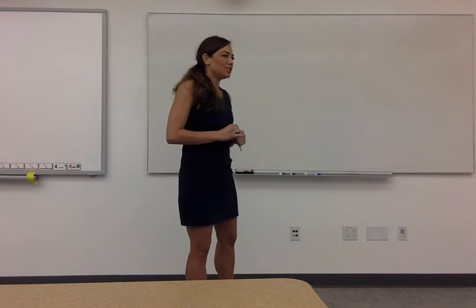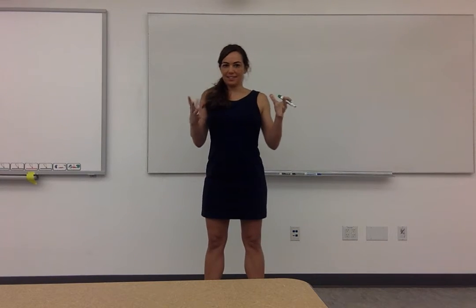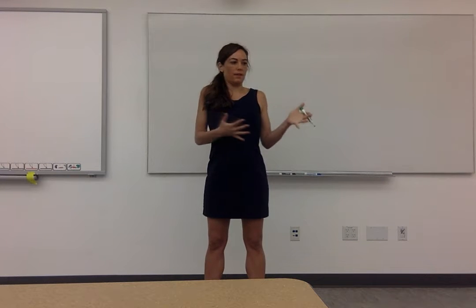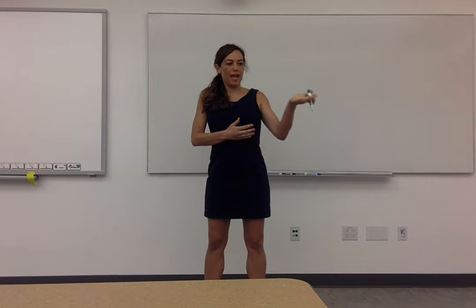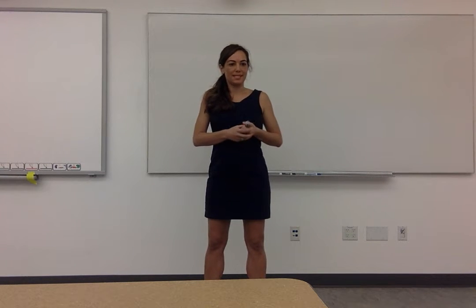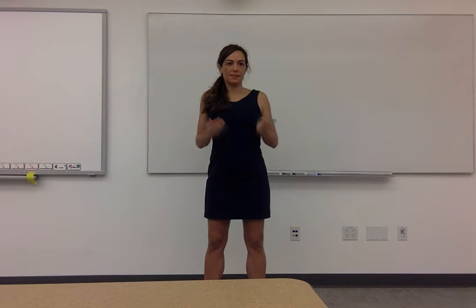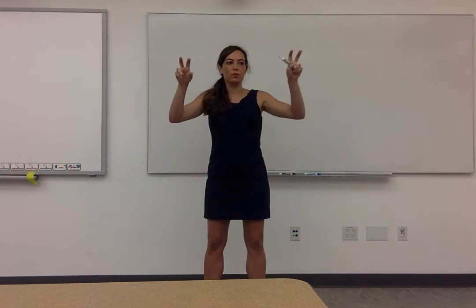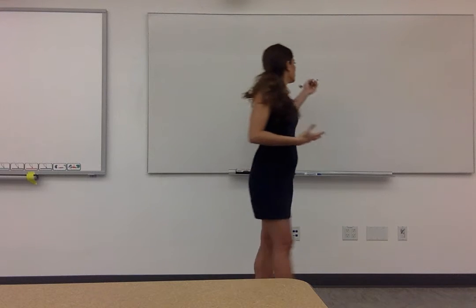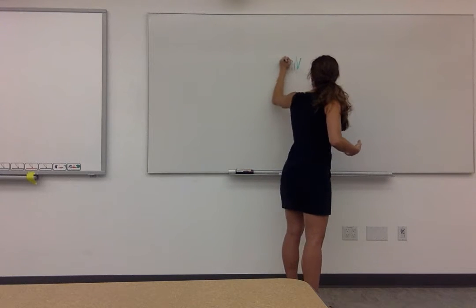So a preparation outline, and outlines in general, both the preparation and the speaker's outline, which is going to be the second type of outline that we talk about. The preparation outline's purpose is for us as speakers to get what we call a visual framework. So I'm going to write that down, a visual framework.